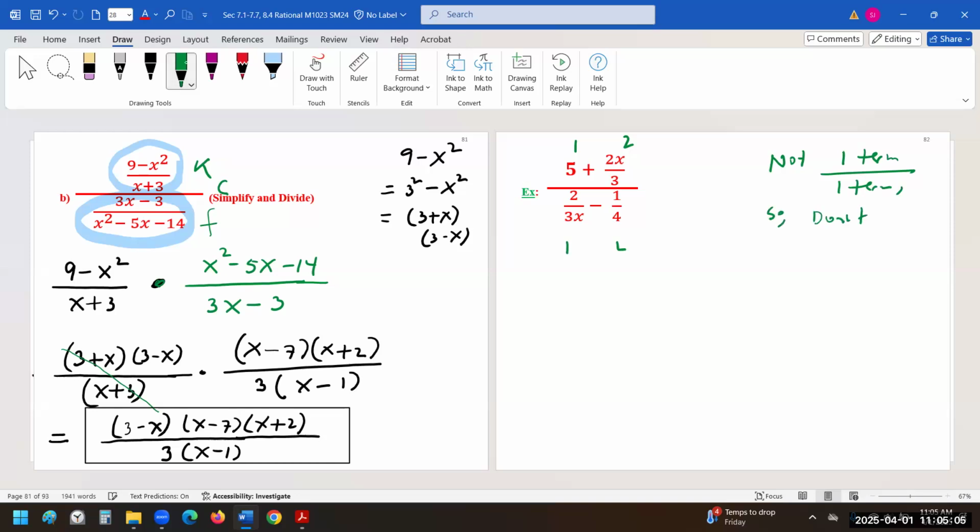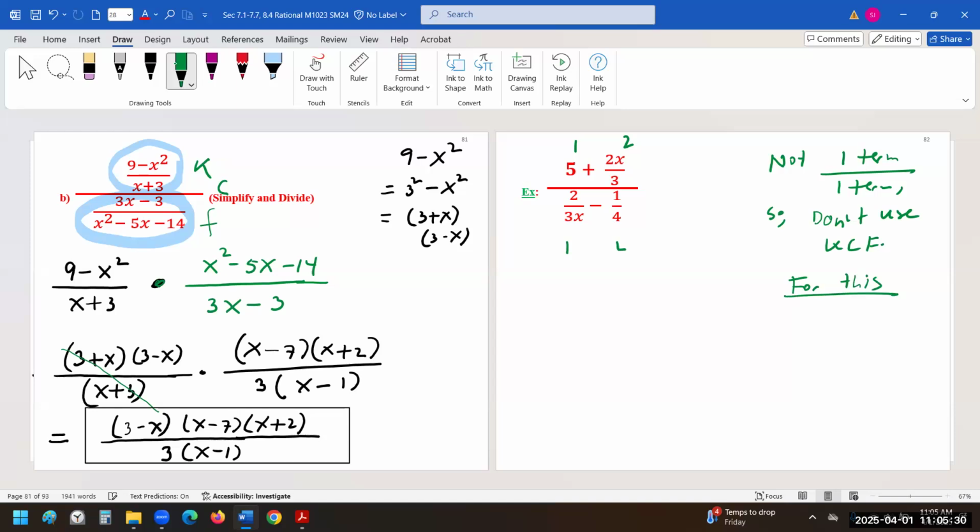So don't use keep change flip. Keep change flip is only for one fraction divided by one fraction. Here we have two fractions divided by two fractions, so keep change flip is not going to work here.